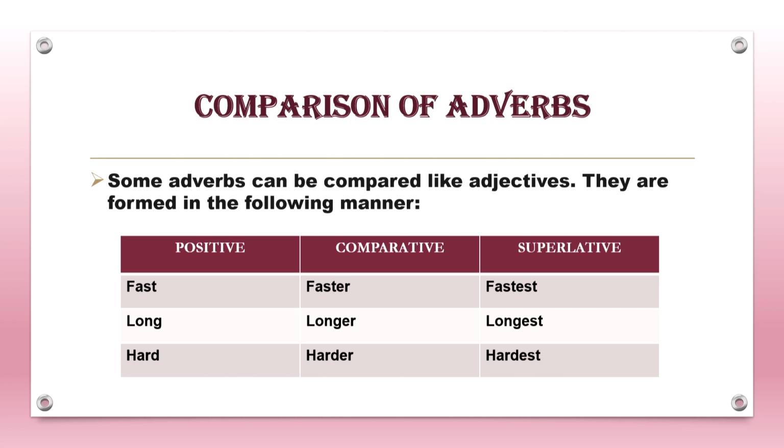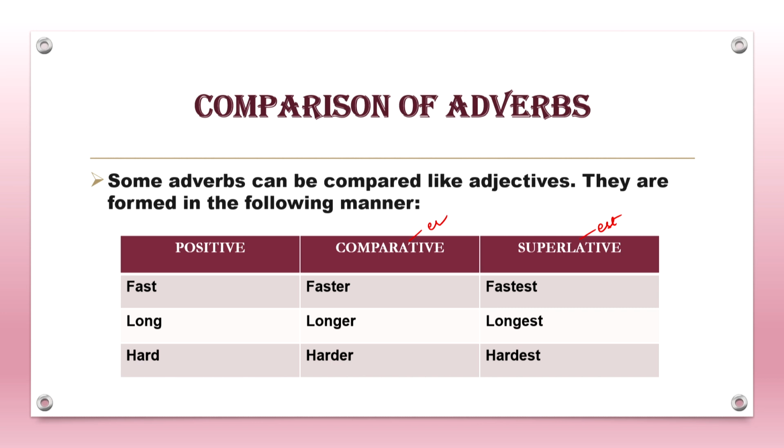Some adverbs, just like adjectives, have 3 degrees of comparison, that is your positive degree, comparative degree, and superlative degree. Such adverbs are generally compared like adjectives. So, first is by adding er to the positive for forming comparative and est to the positive for forming superlative if the adverb is of one syllable.